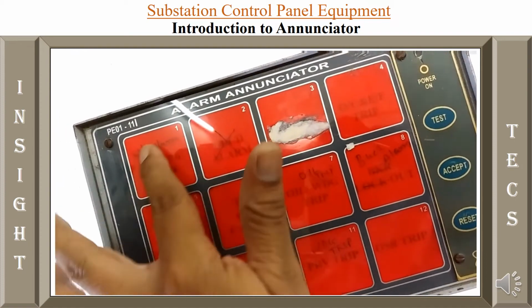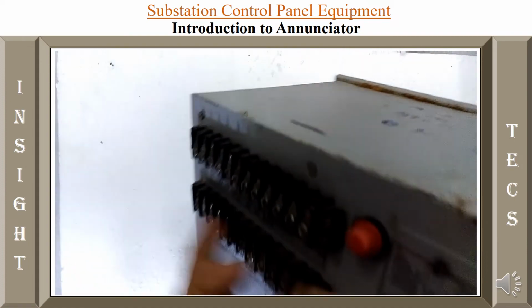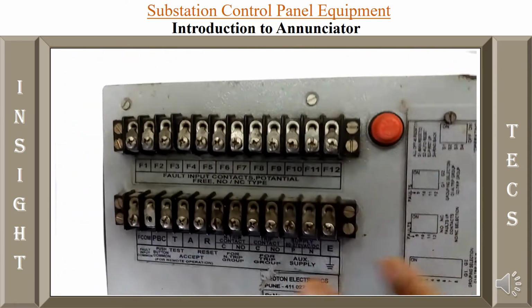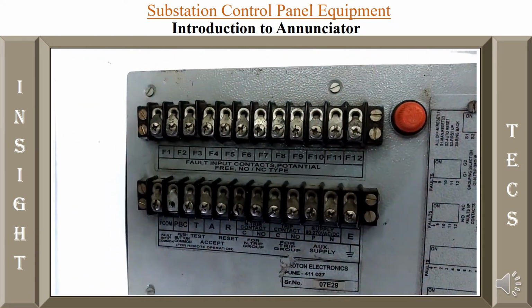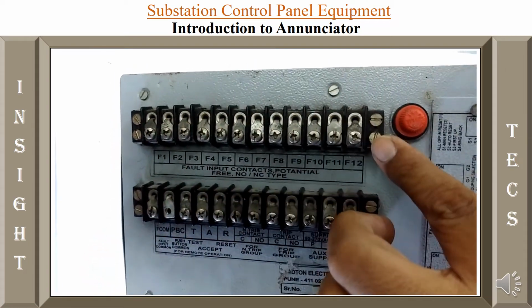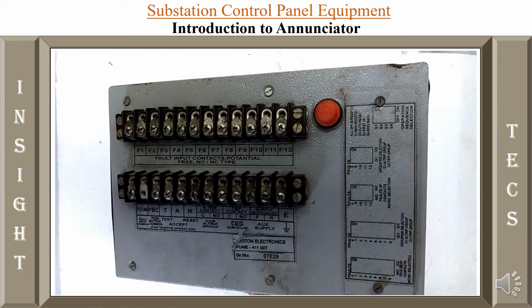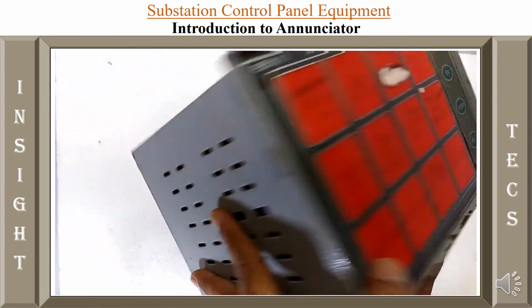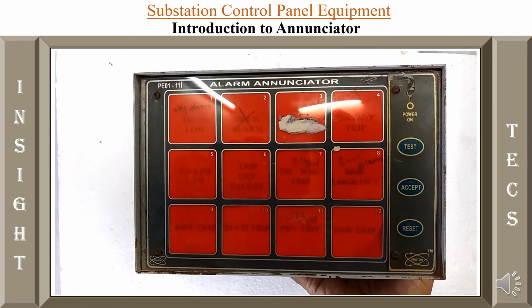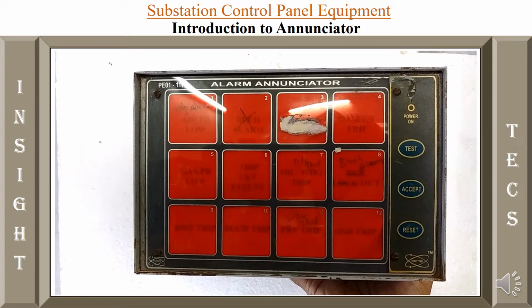The window will glow when there is a connection between F1 and F common. So if the relay contact is open, only then you can reset the connection. Similarly, between F common and F12, for each individual window, the wiring can be done. Okay, so that's how this annunciator looks.